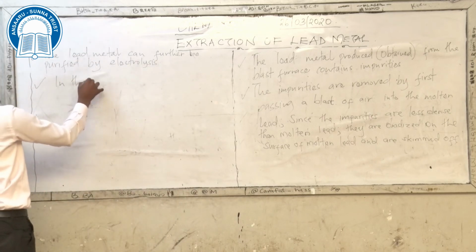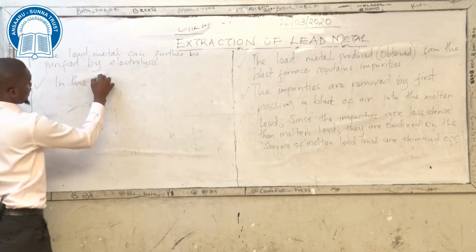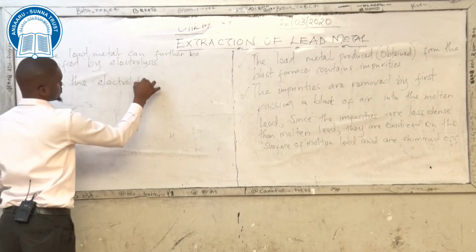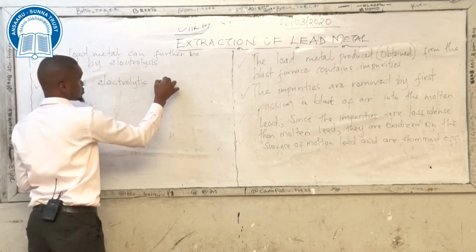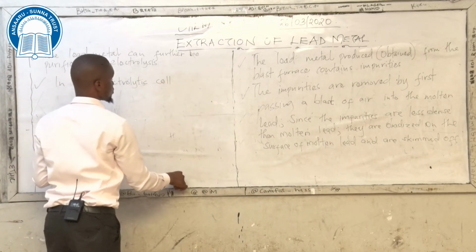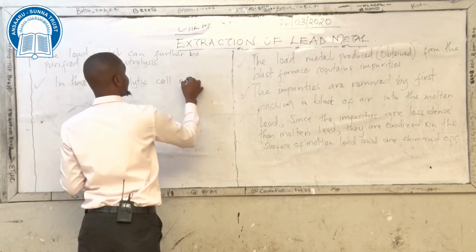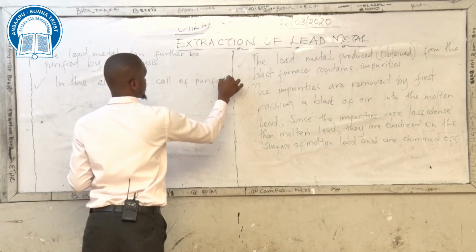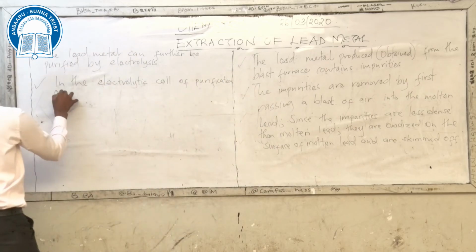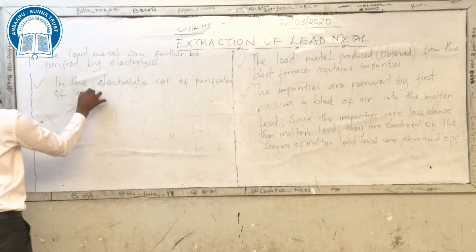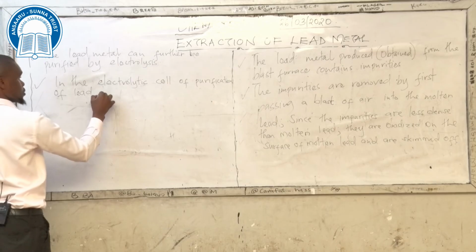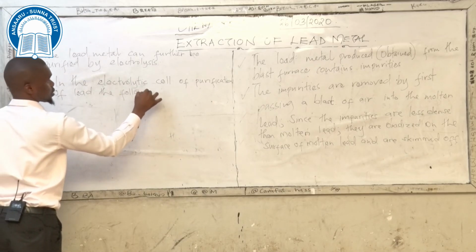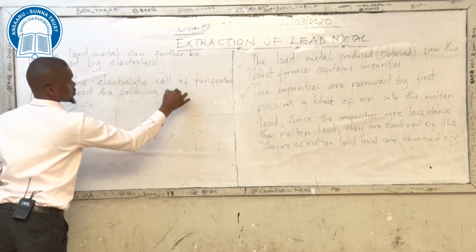In the electrolytic cell of purification of lead, the following are used.